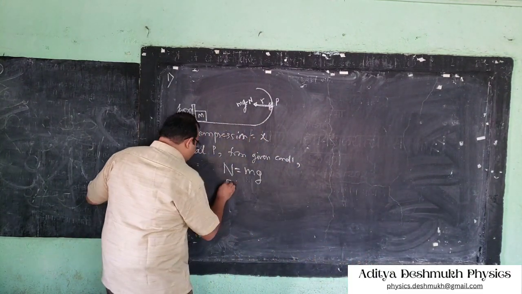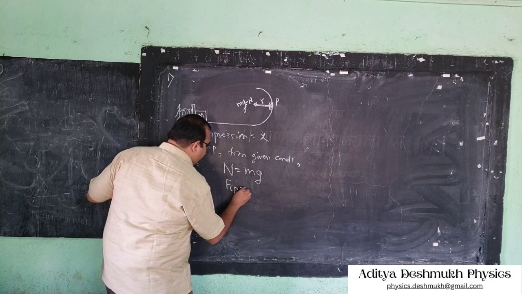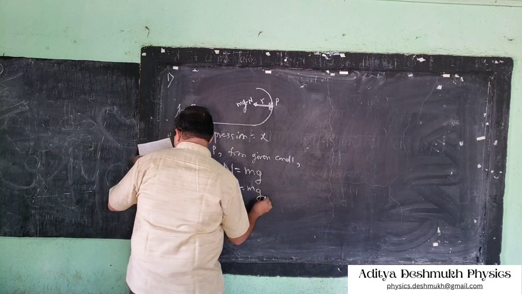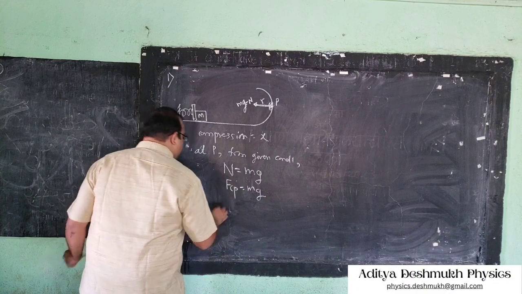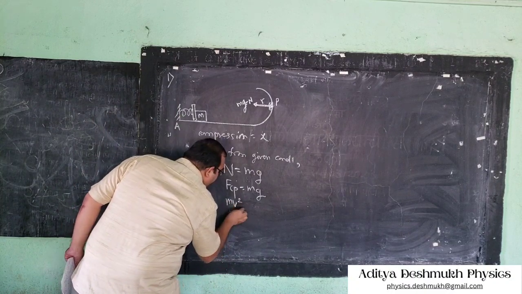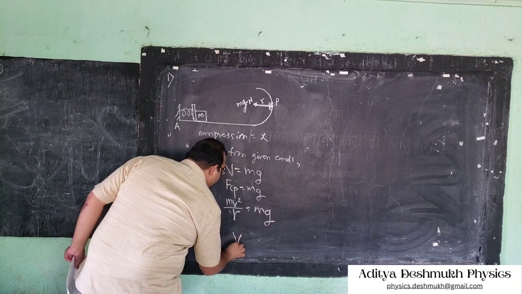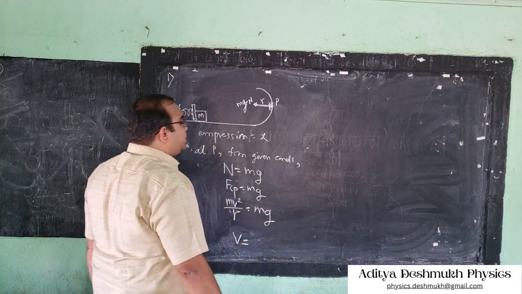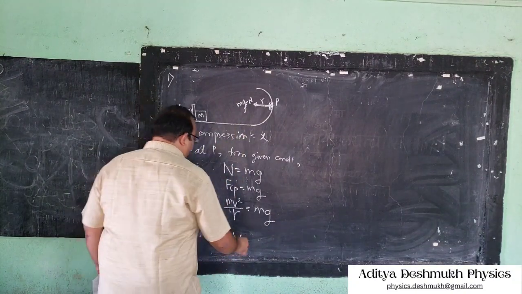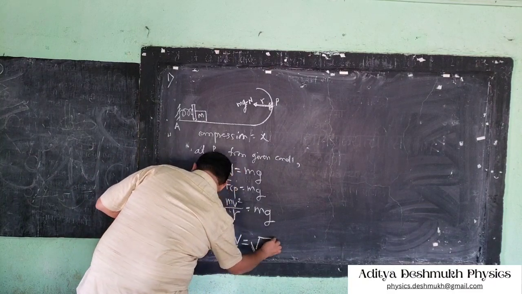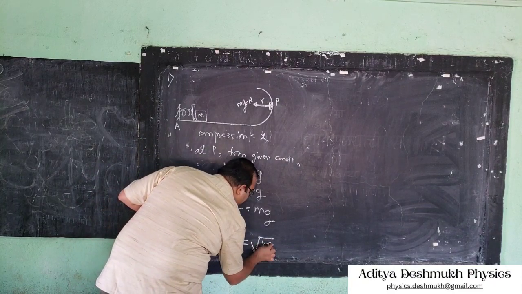So my necessary centripetal force will be mg. So mv square upon r will be equal to mg. So from here I will get the velocity or speed of the block at P, which will be equal to root of rg.